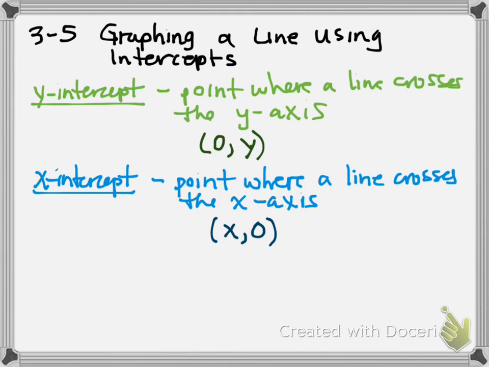Now, I want to share with you something else, an equation called standard form. Remember how we talked about point-slope form? Slope-intercept form? Now we've got standard form. Lines have all sorts of forms they take. Actually, I'm going to go to the next screen because I want more room.